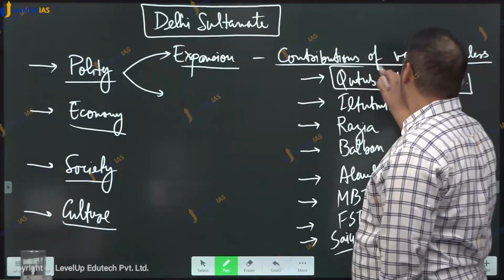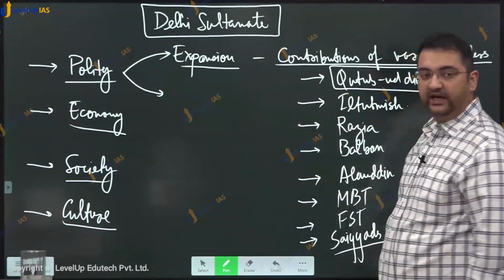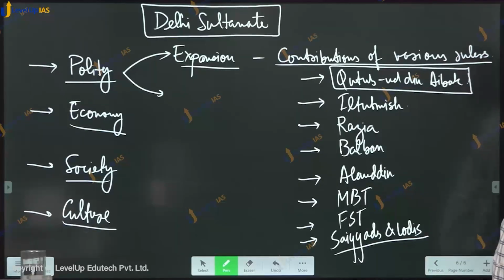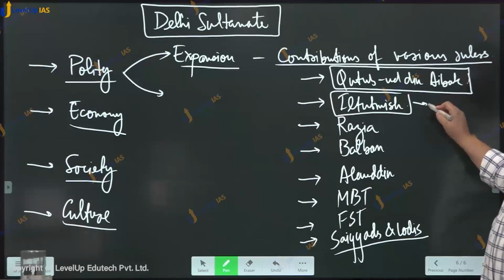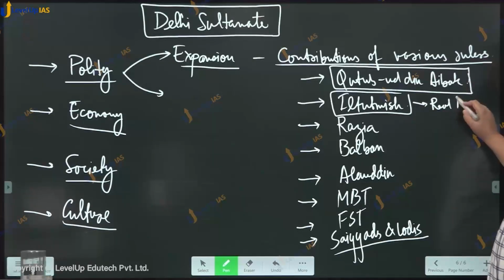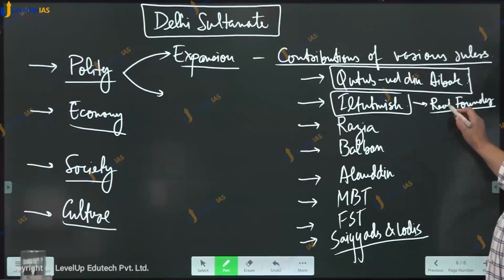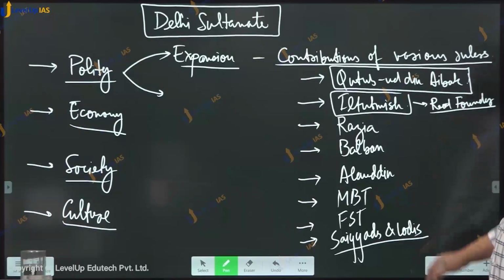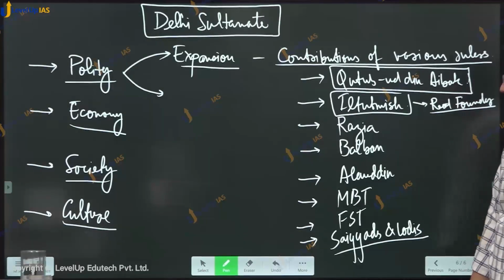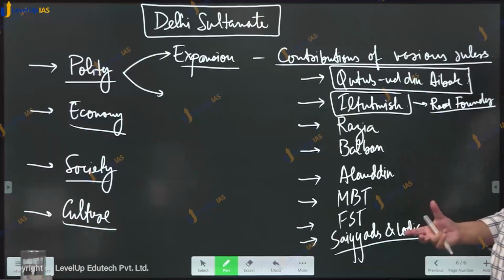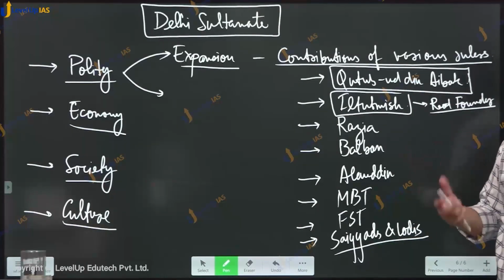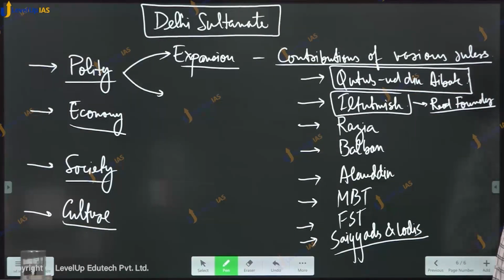Now, the period of Qutbuddin Aibak is the foundational phase of the establishment of the Delhi Sultanate, but Iltutmish is considered to be the real founder, as he gave a solid political, administrative, economic, social and cultural basis for the establishment of a new Islamic state in North India.